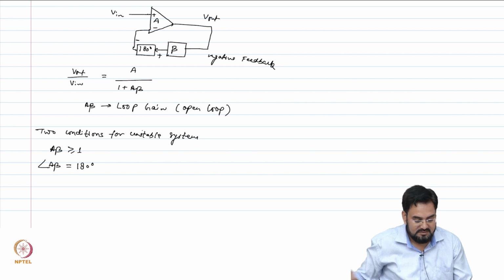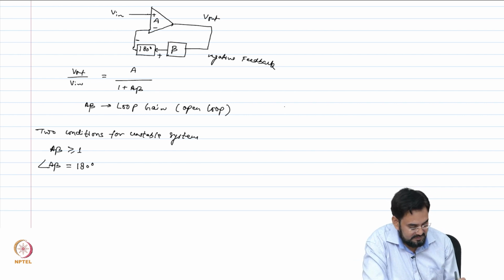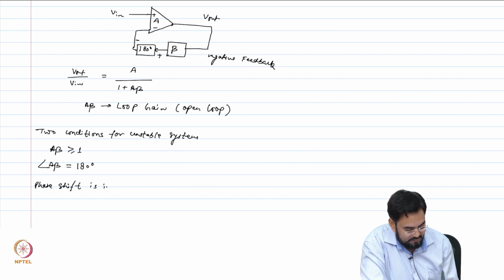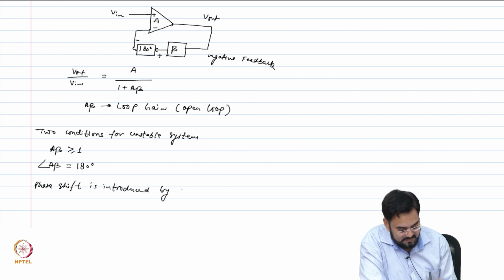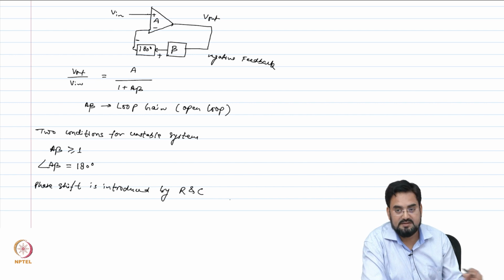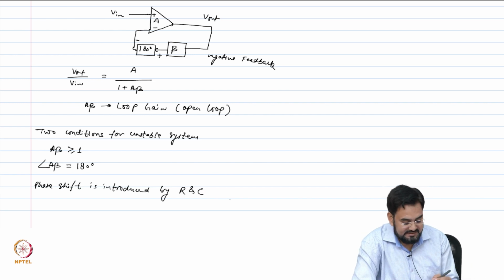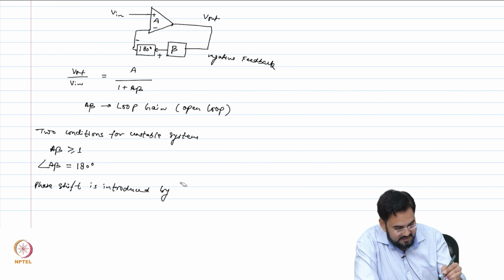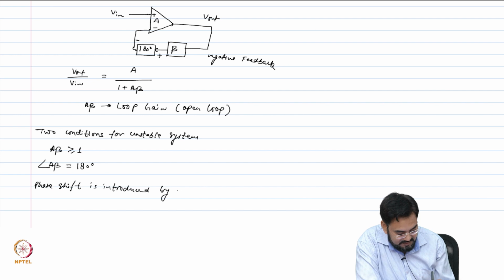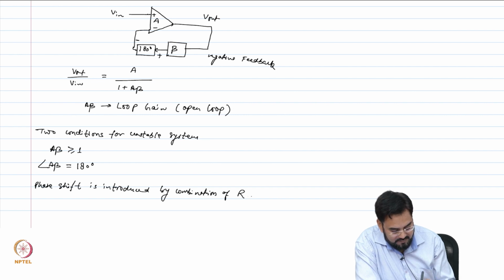Okay, so your phase shift is introduced by R and C. When I say R and C, let me make it even clearer, by a combination of R and C.